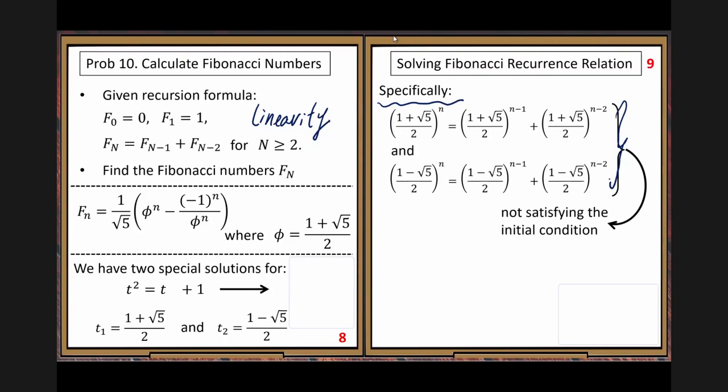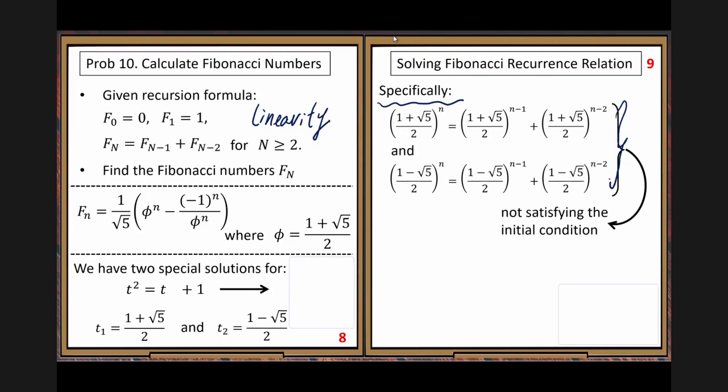Because when you start with 0 and 1 and apply the recurrence relation, you get all integer numbers. So our goal becomes to find a solution that satisfies the initial condition. If we can do that, we don't worry about integer or non-integer, because it automatically becomes the integer solution.